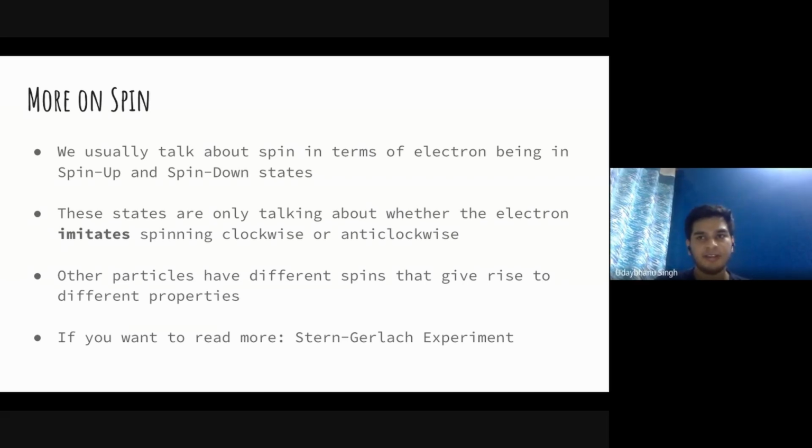Think of it this way. Let's say you have a normal magnet, a bar magnet, which has a north pole and a south pole, right? When you say that the field is moving from north to south, just imagine that this is a magnet.